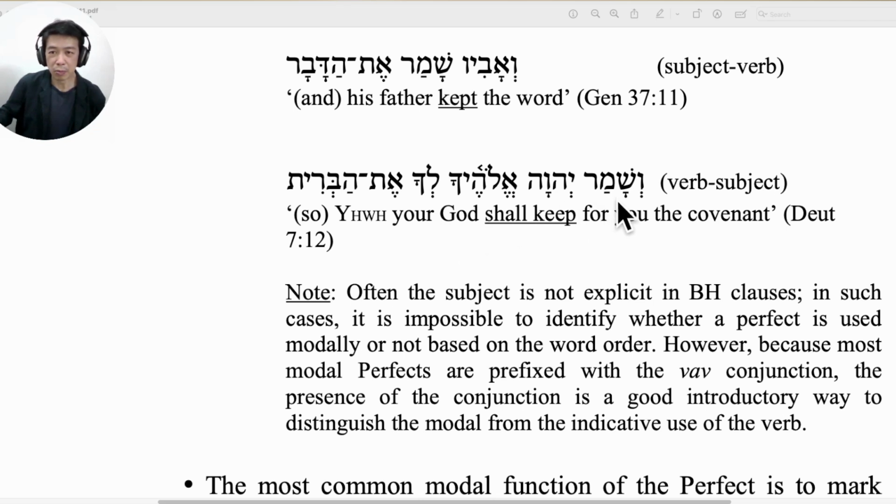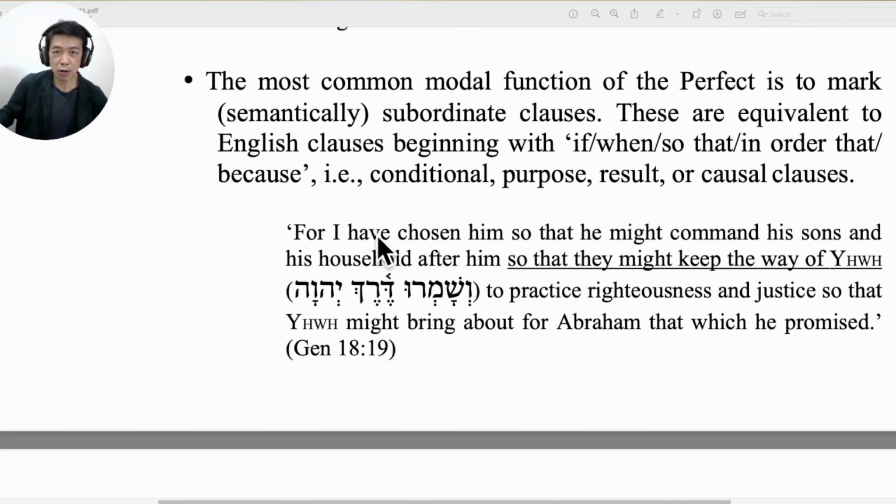It will be in Hebrew, V'shama Adonai Elohecha lecha et ha-berit. The most common modal function of the perfect is to mark semantically subordinate clauses.